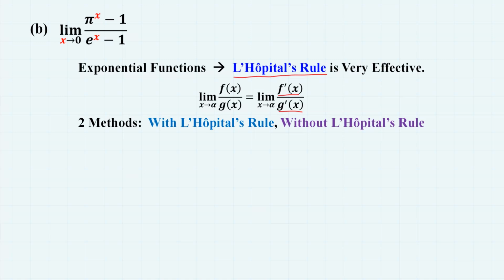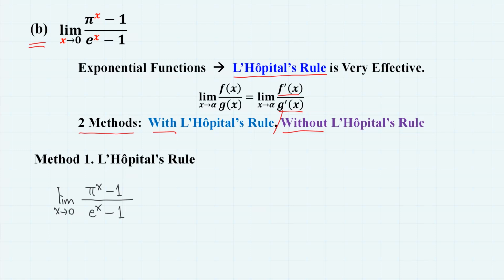However, since the proof of L'Hopital's rule requires some advanced college-level mathematical concepts, students learning the basics of limits are often encouraged to deal with the limits without applying L'Hopital's rule. Problems B and C also fall into that category, so I will provide two methods for those problems. One with using L'Hopital's rule, and one without using L'Hopital's rule. So first, using L'Hopital's rule.